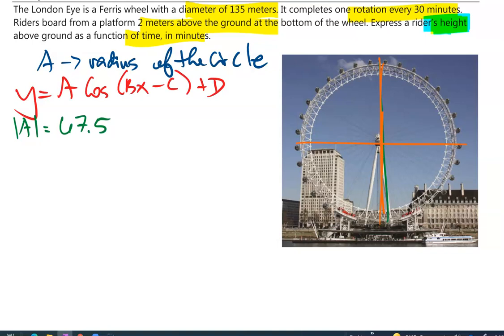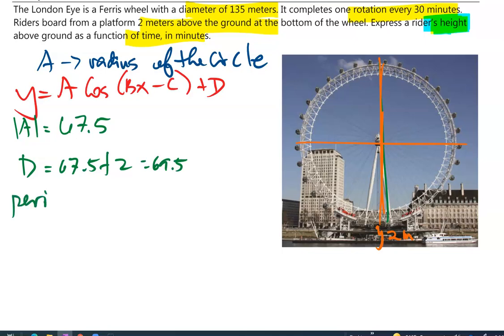And it says here that it's 2 meters above the ground. So this is 2 meters here, meaning we can say that our d, the vertical shift, is 67.5 plus 2, which is equal to 69.5.